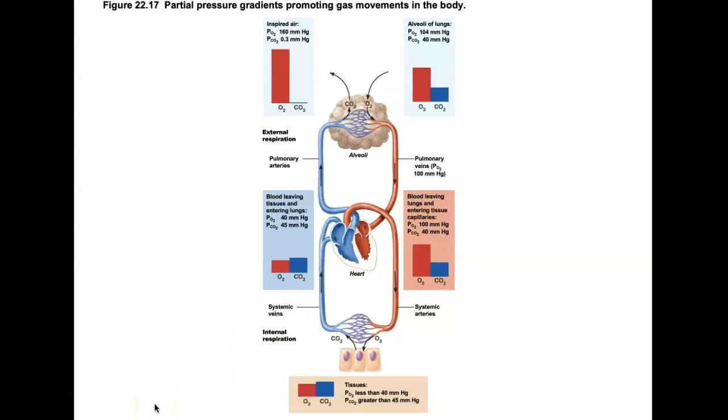At the same time, carbon dioxide moves quickly along its pressure gradient into the blood. As a result, venous blood draining the tissue's capillary beds and returning to the heart has a partial pressure of oxygen of 40 millimeters of mercury, and the partial pressure of carbon dioxide is 45 millimeters of mercury.